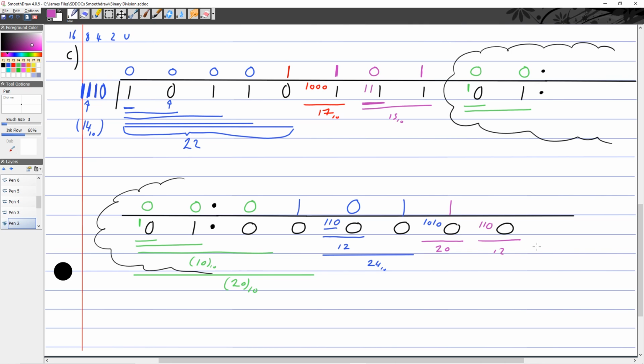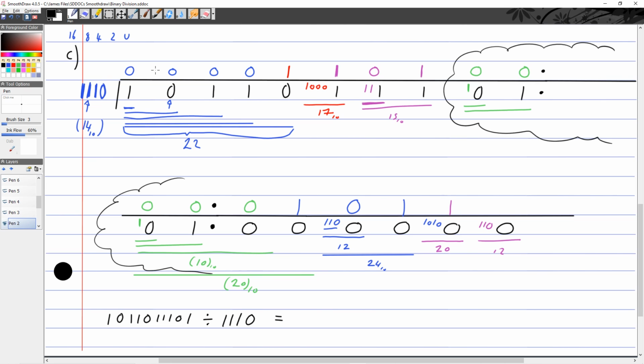So although it's quite laborious, what we can say, we got there in the end, is that 1, 0, 1, 1, 0, 1, 1, 1, 0, 1, which is the question that we were dividing, divided by 1, 1, 1, 0 is equal to our answer.